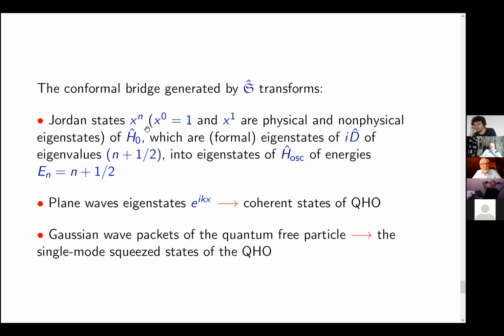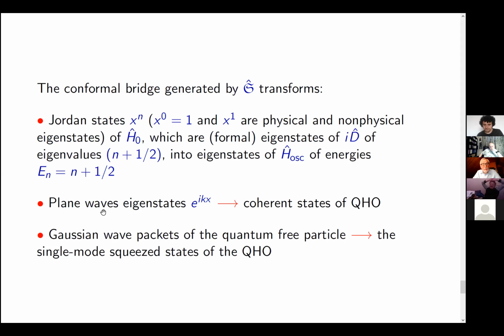But on the other hand, these functions are formal eigenstates of the dilatation operator multiplied by I, with the eigenvalues shown here. After application of the operator S to these states, up to normalization constants, we exactly produce eigenstates of the quantum harmonic oscillator of the corresponding energy eigenvalues, in correspondence with the job made by this operator when it acts on the generators of the conformal algebra of the free particle. It transforms the dilatation operator multiplied by I into the Hamiltonian operator of the quantum harmonic oscillator.